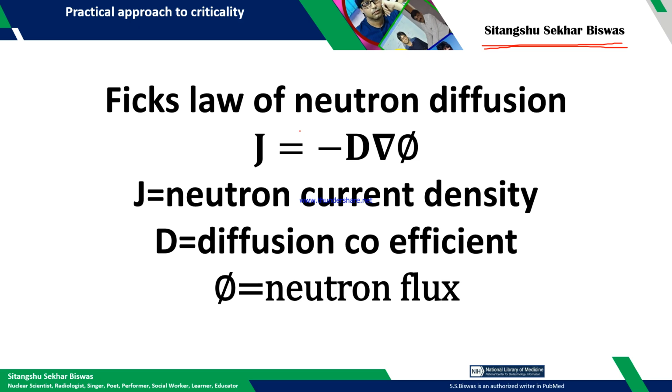It basically explains the neutron diffusion, which is given by the neutron current density J. I'm not going into deep mathematics, so if someone is interested in the detailed solving methodology of this diffusion equation, I will make a separate video.